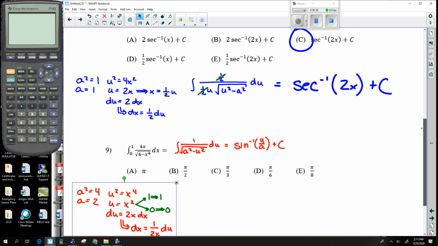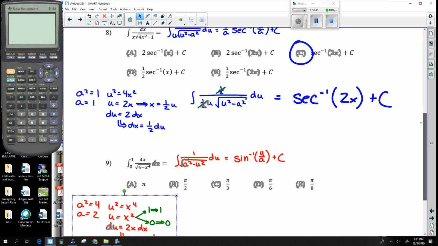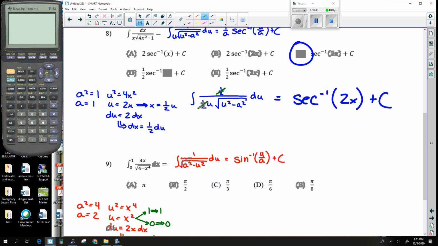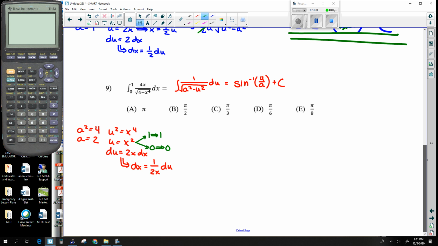Because this is a definite integral and I make substitutions for these, this u, when I actually do my integration and I turn it into this statement right here, I'm not going to turn this back into an x. It's going to literally stay the letter u. Don't resubstitute in an x back into it.